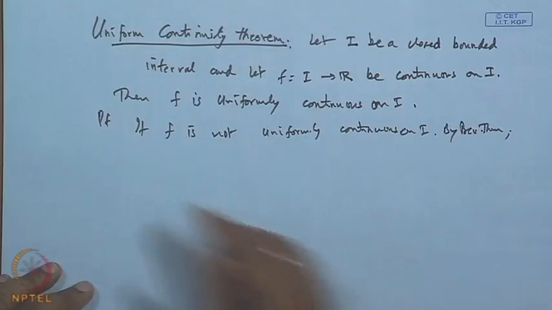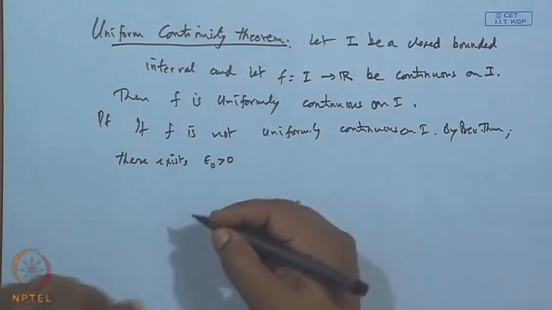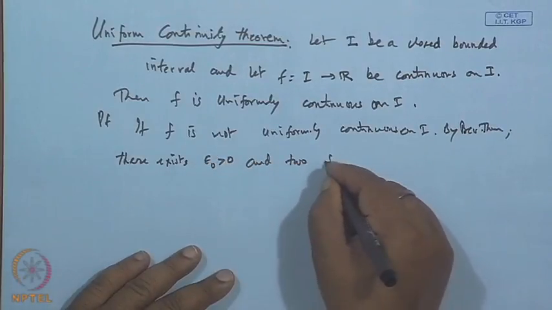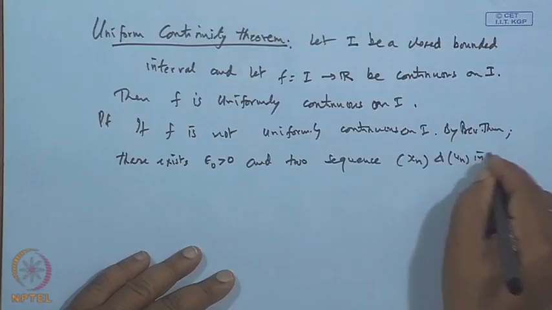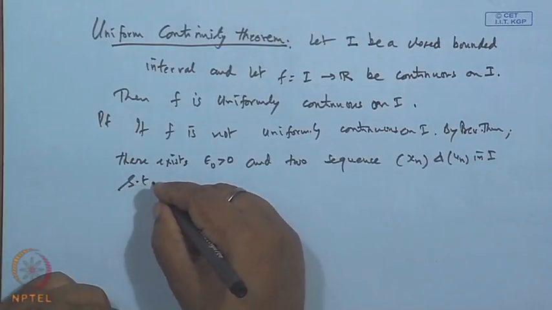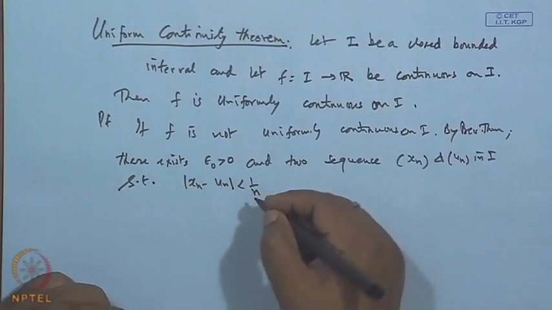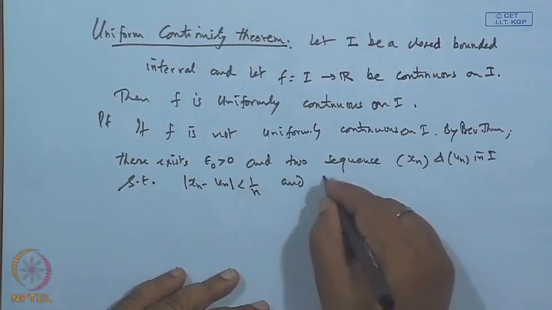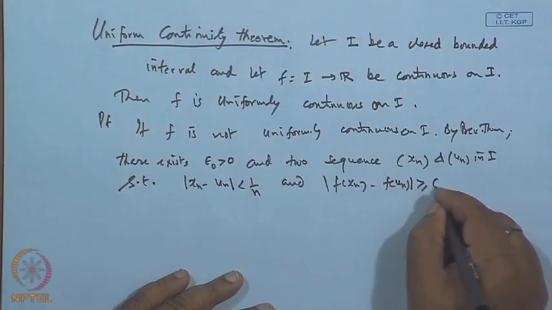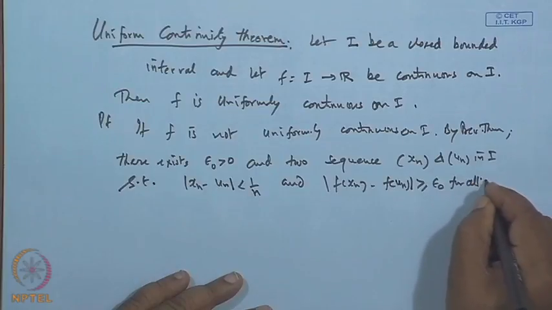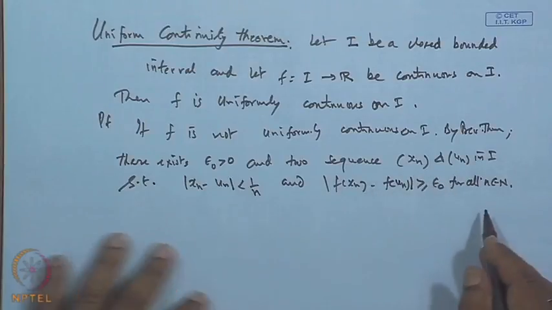Then there exist an epsilon naught greater than 0 and two sequences x_n and u_n in I, such that the limit of the difference between these two is 0, means the difference is very small, say 1 by n, but the modulus of f(x_n) minus f(u_n) exceeds this epsilon naught for all n. This is by the criteria for non-uniform continuity.